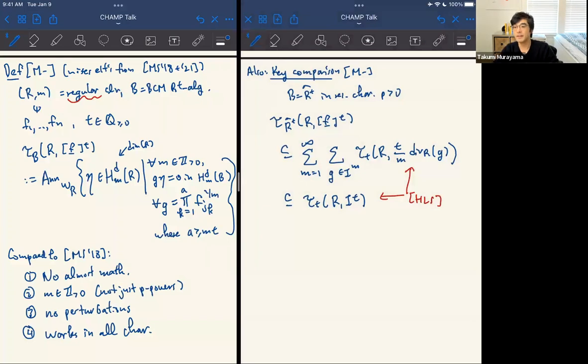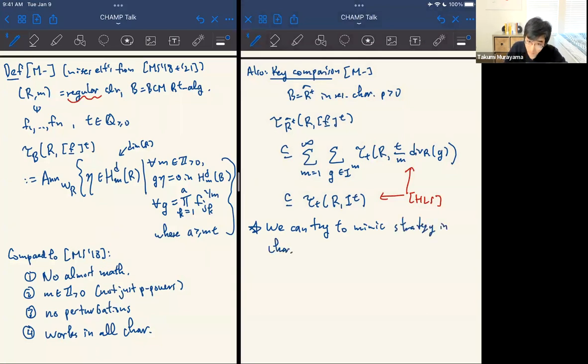The reason I want to state this is that now we can try to mimic the characteristic zero strategy by switching to this other ideal at the correct place.